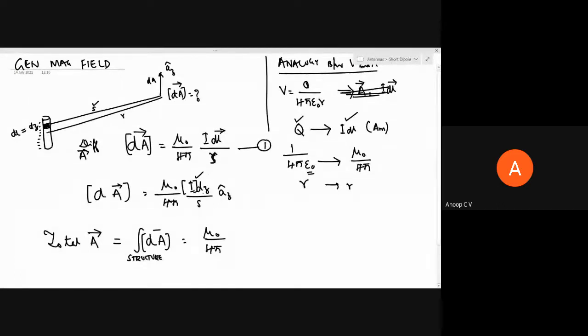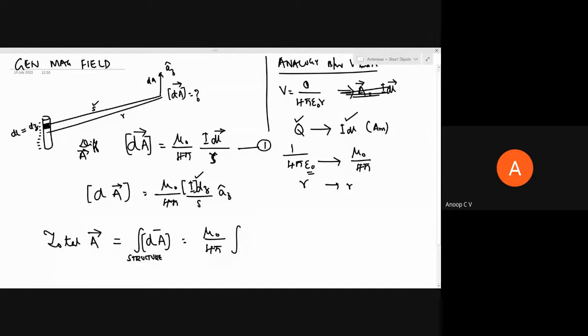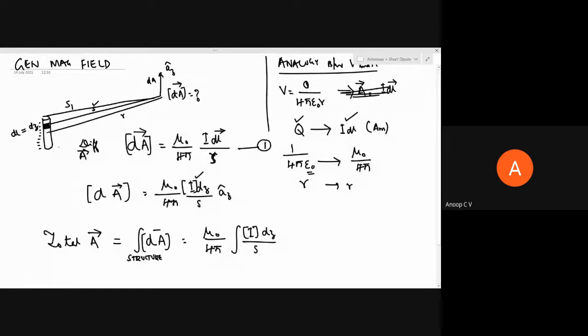So this I dz, I is a variable and S is also variable. So I can write the integral of I dz divided by S. S also will change, right? If you consider the topmost point, S will be equal to S1, and if you consider the bottommost point, S will be equal to S2.